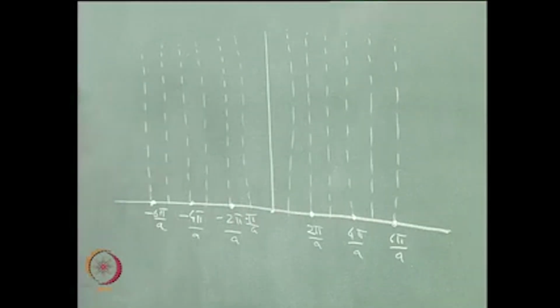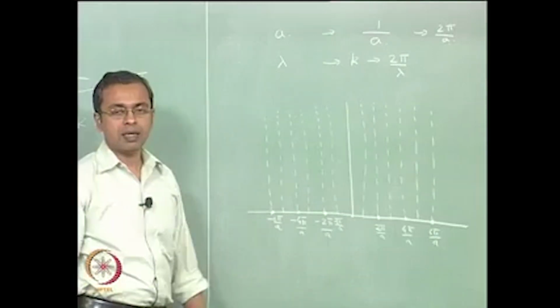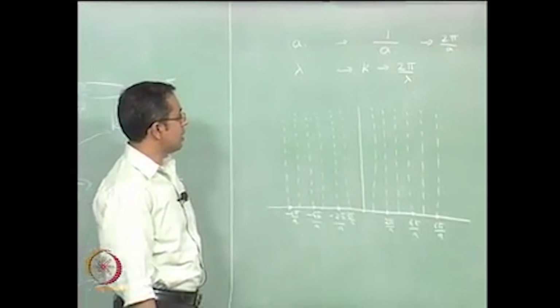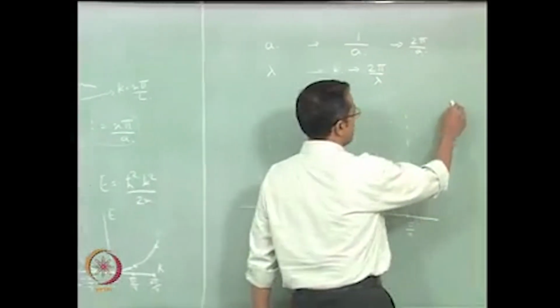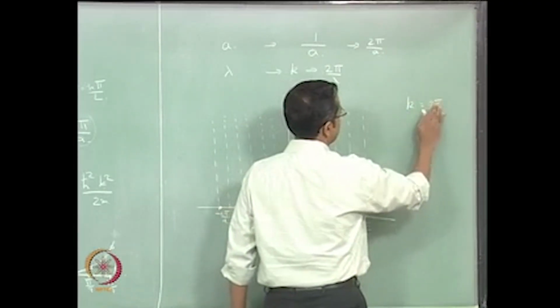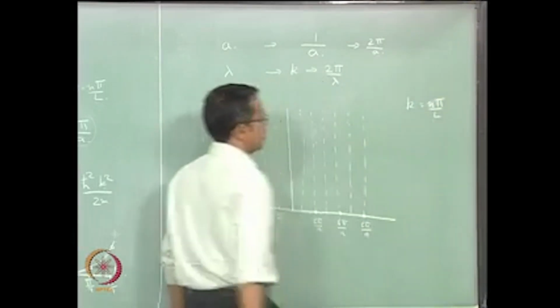Now on this plot we can make a plot of the allowed values of wave vector that the electron is allowed to have. The wave vectors allowed for the electron are n pi by L, right.